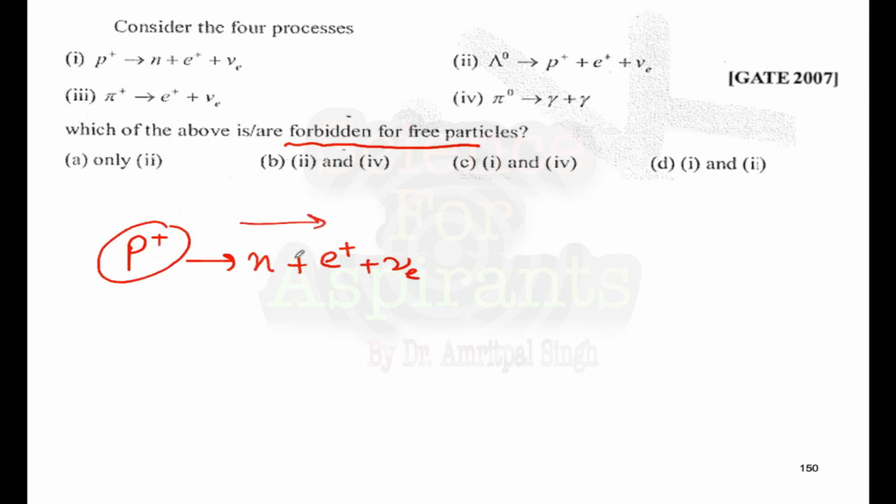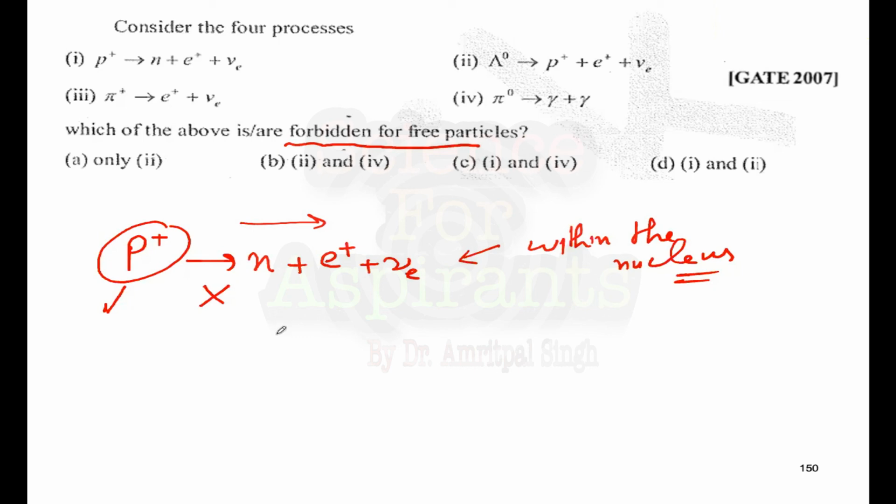This reaction is only possible within the nucleus where protons are bound. For a free proton it is not possible because the mass of the proton is less than the mass of the neutron. How can a particle decay into another particle whose mass is greater than its own? So this reaction is not allowed for a free proton.